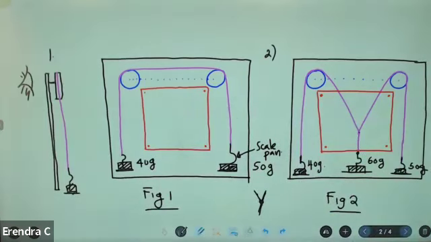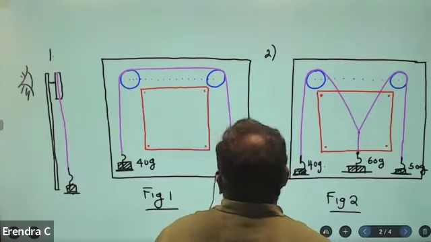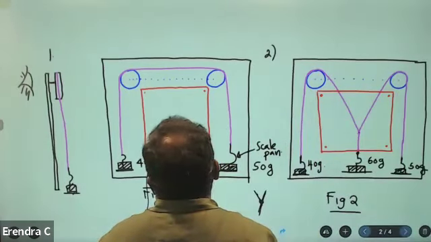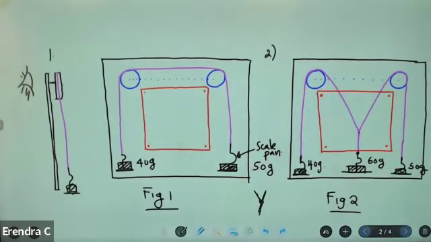Sometimes when the masses are moving, the weight and the rope might touch the drawing board.